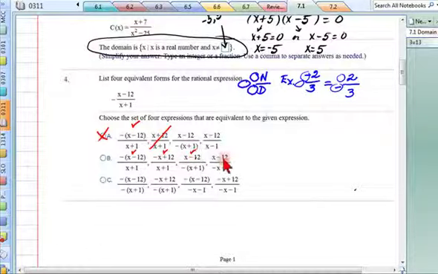The last one, because this choice B is looking pretty good. The numerator, same. Sign in front of the fraction got changed. Denominator, it was x plus 1. Now it is negative x minus 1. Did they change everything about the denominator? Yes. Then they changed the sign in front and all of the denominator, so it is equivalent. So it is choice B.